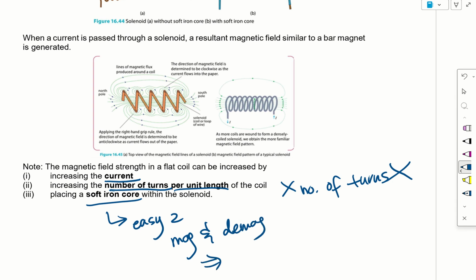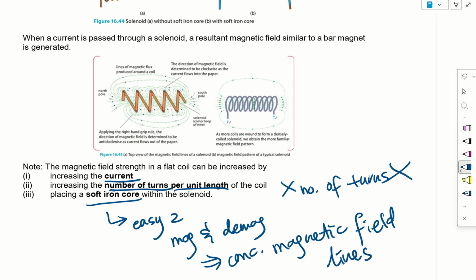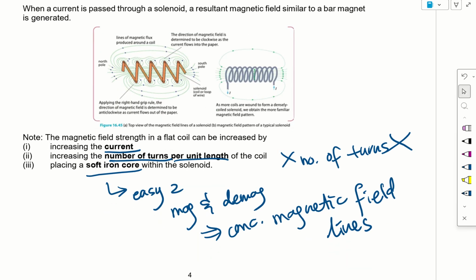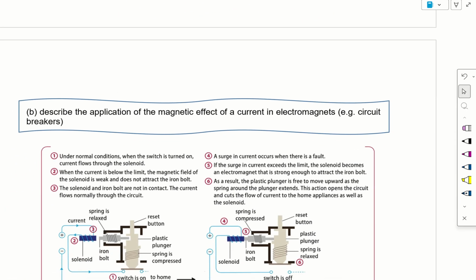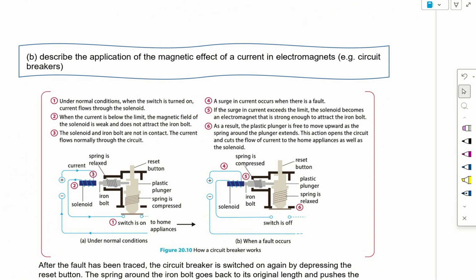Therefore, the purpose is to concentrate magnetic fields. Because it allows magnetic field lines to flow through it, it will sort of concentrate the magnetic field lines through it. So that's for success criteria A.